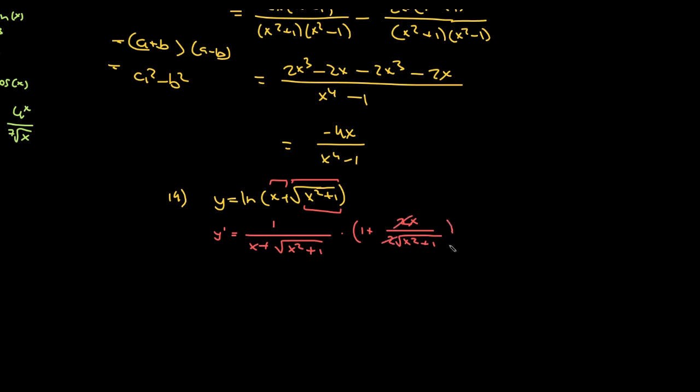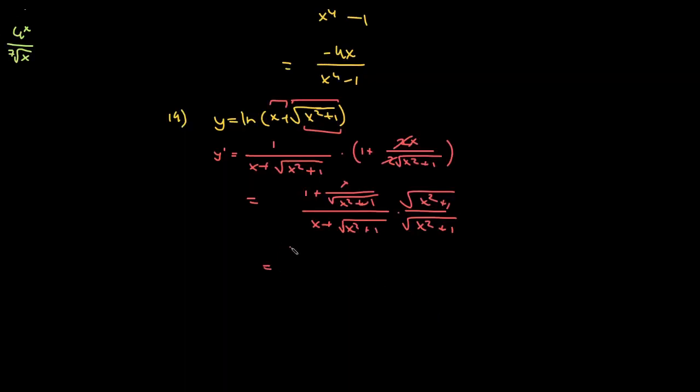So those 2 cancel. So what I'll end up with is 1 plus x divided by the square root of x squared plus 1, like that, and then x. And I can actually multiply both the top and the bottom part by the square root of x squared plus 1 to make it a little bit nicer.